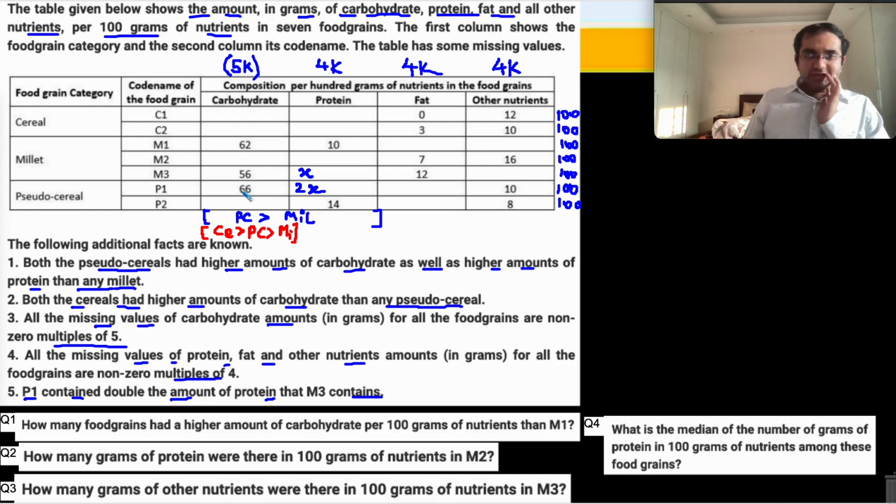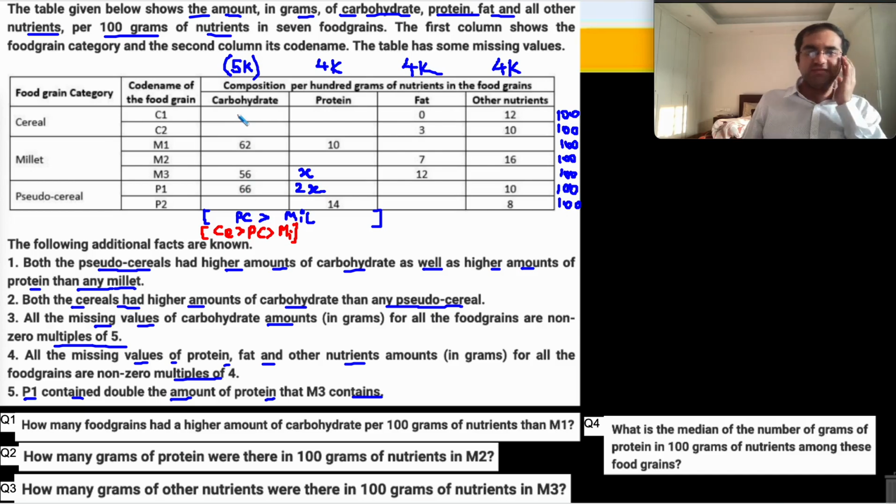Okay, let's come here. We'll come to the blue color for carbohydrates. In carbohydrates, red color is also valid. The cereals are more than pseudo-cereals, which are more than the millets. So the two cereal values, multiples of 5, are more than the pseudo-cereals, meaning multiples of 5 greater than 66.